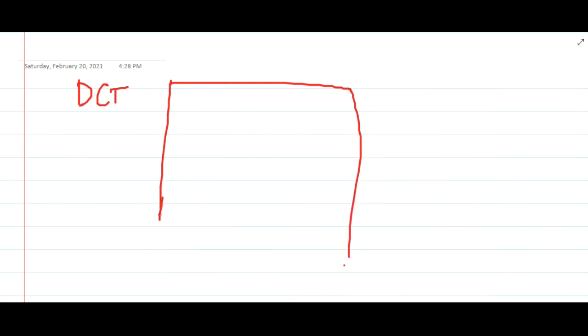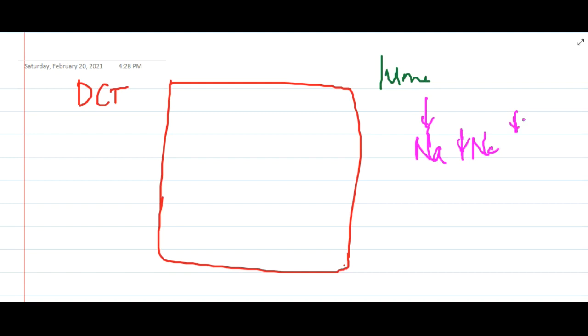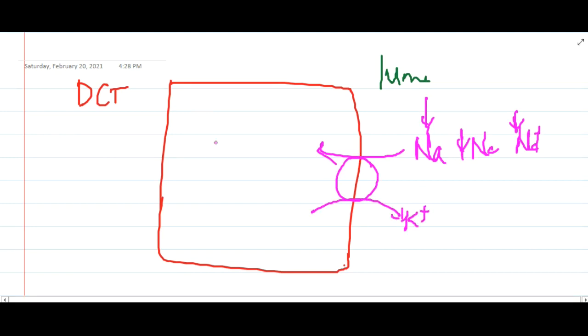In the DCT there is more sodium in the lumen. A greater amount of sodium will come to the lumen than normal. Normally this sodium will exchange with the potassium. In the DCT there is reabsorption of sodium and secretion of potassium by the sodium potassium antiport.